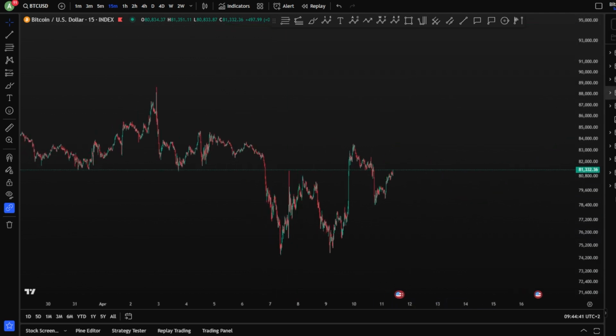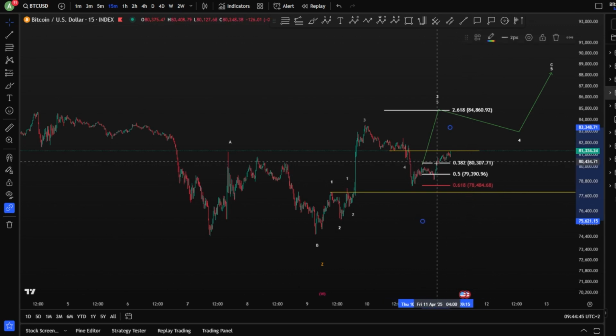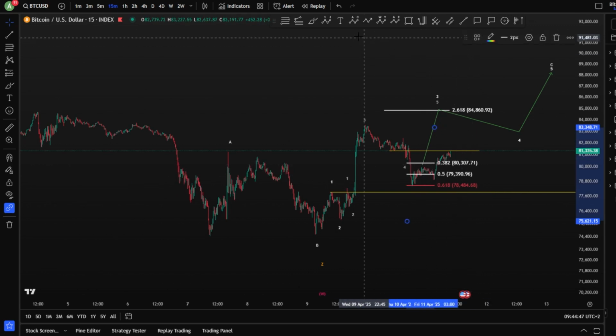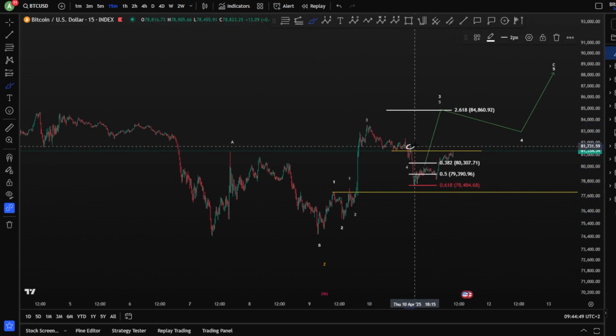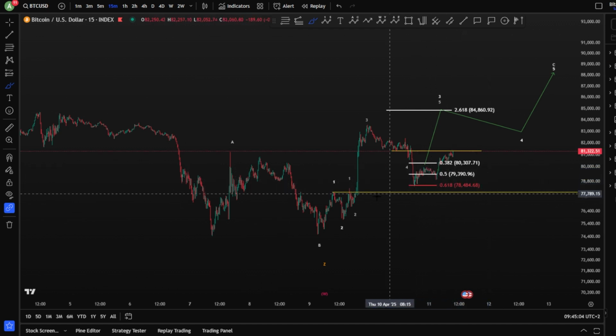Yesterday we were looking for the 0.38 and to retrace toward the upside from there. I mentioned preferably that we take the 0.38 before moving toward the upside. However, the price even sank much more than the 0.38, breaking the 0.5, touching the 0.618, very close to the invalidation point.